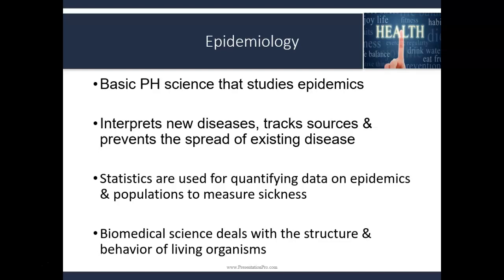Epidemiology is also the statistics used for quantifying data on epidemics and populations to measure sickness. The CDC does a good job of publishing statistics on the number of people infected globally, in the United States, particularly nationally and by state.